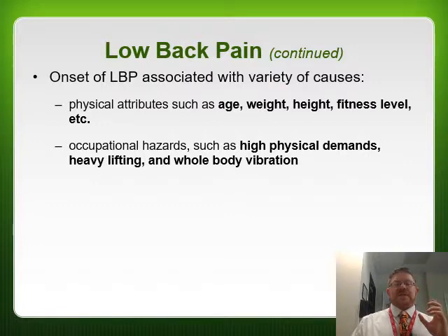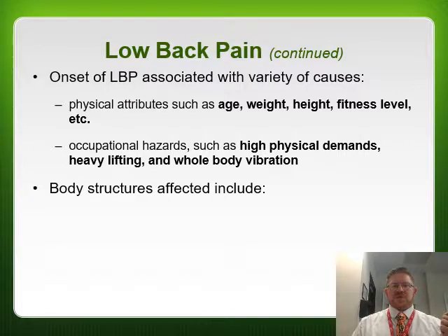Occupational hazards, so it's not just for people that sit down all the time, but people that are in highly demanding jobs, things that have a high physical demand. You're doing a lot of heavy lifting, whole body vibration. These are all ways to throw your body off of normal alignment and put lots of stress on it. So there's reason to possibly incur an injury as a result.